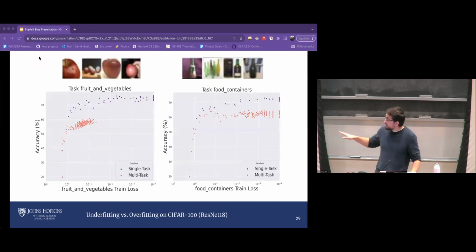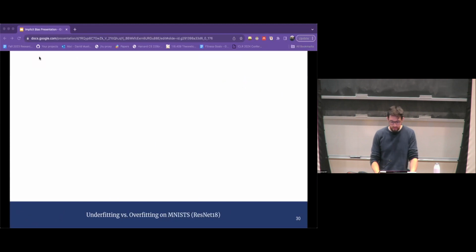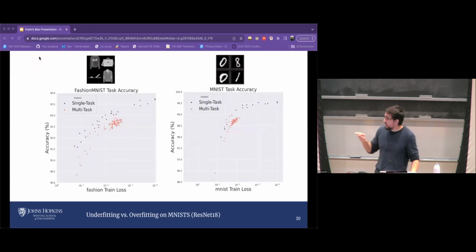If we look at individual tasks for CIFAR-100, again, the same story, right? Here for the task food container, we're even fitting the loss to within 4 decimal places of the single task loss, still experiencing lots of negative transfer. And finally, we see the same thing happening in our MNIST data sets, where we train a single model on multiple MNIST-like data sets. So a very similar story.